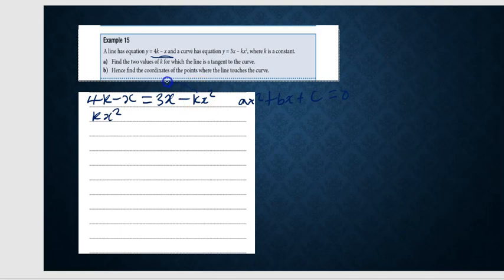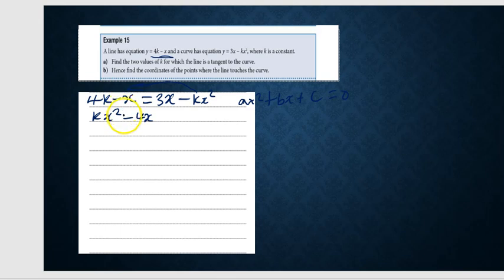It becomes positive, then minus 4x plus 4k, because if we take x, we have 3x and we have negative 1x.